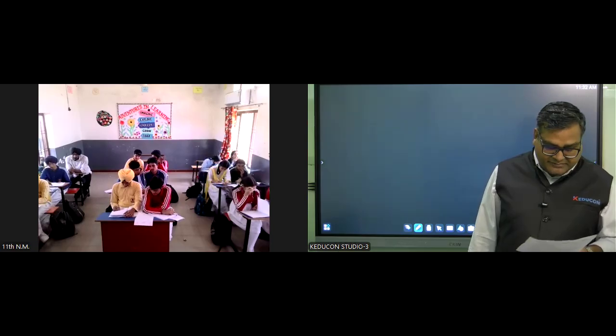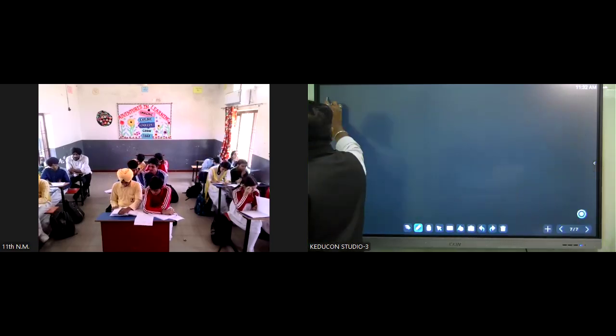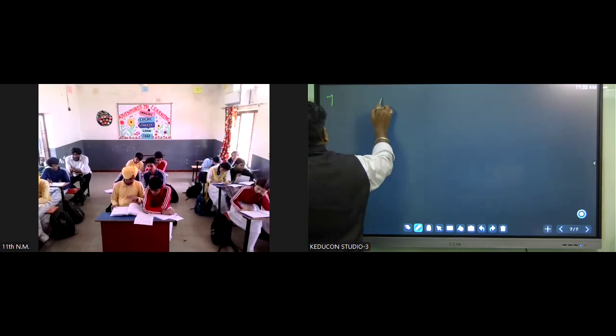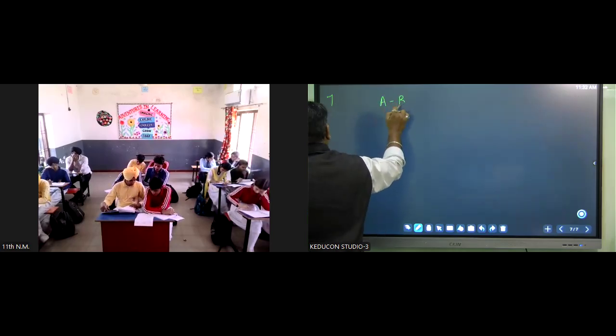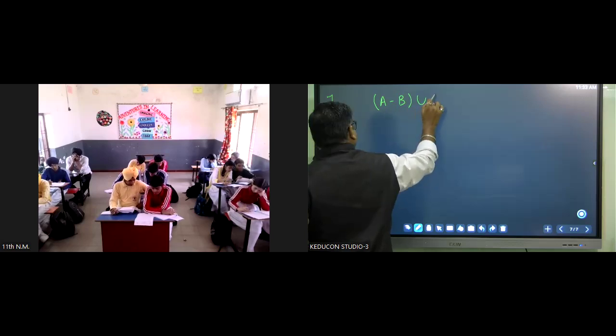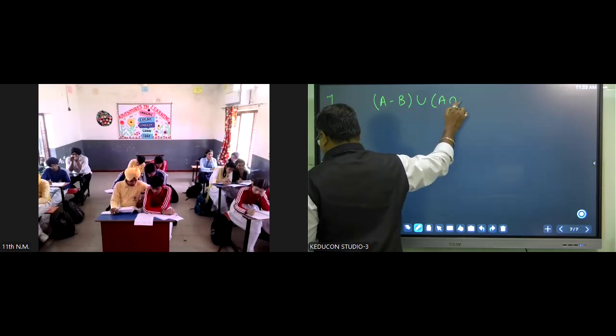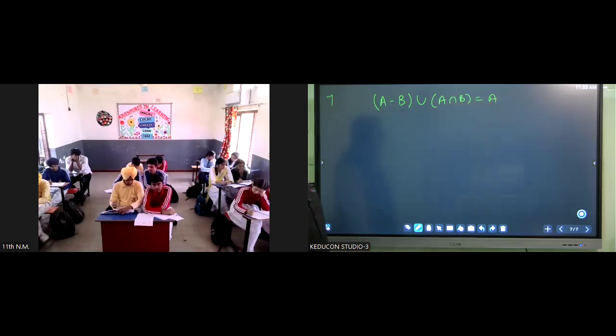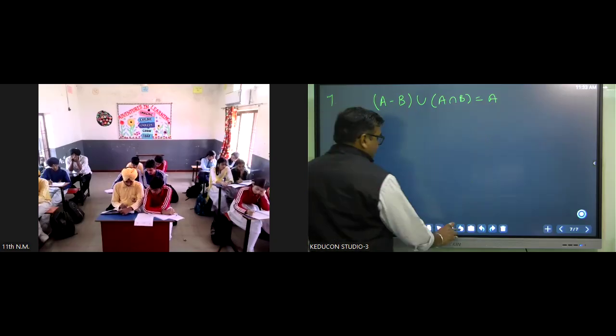Question number 7. For any two sets A and B, A minus B union A intersection B is equal to A. पहले तो चेक करना है कि ये ट्रू है फॉल्स है बच्चों. देखिए जरा.